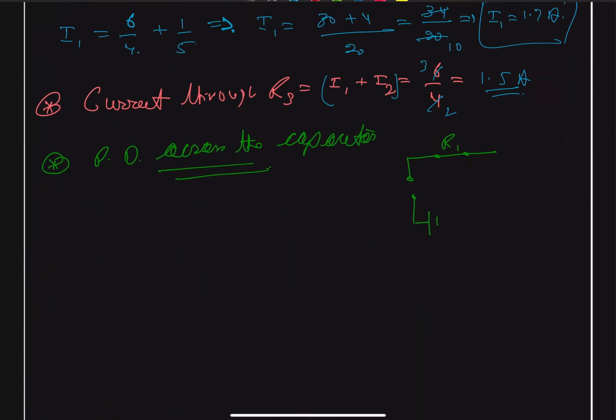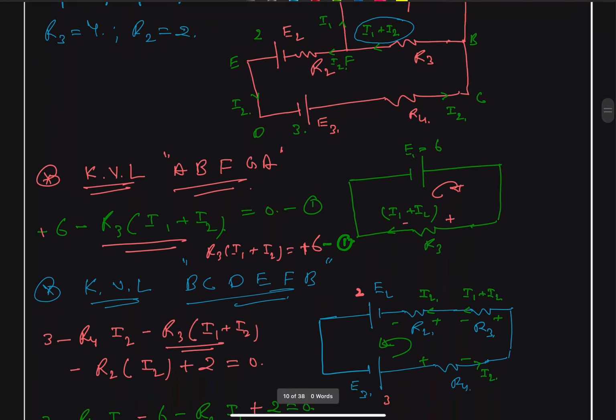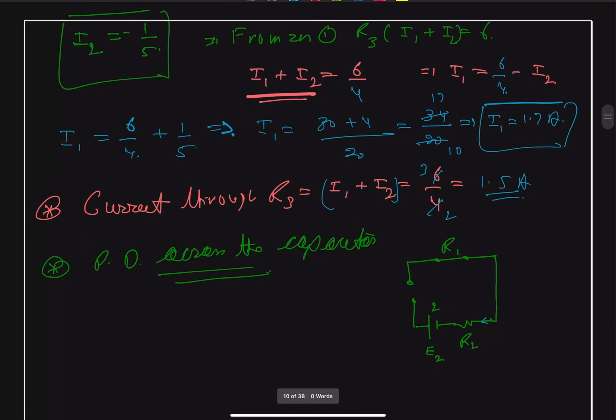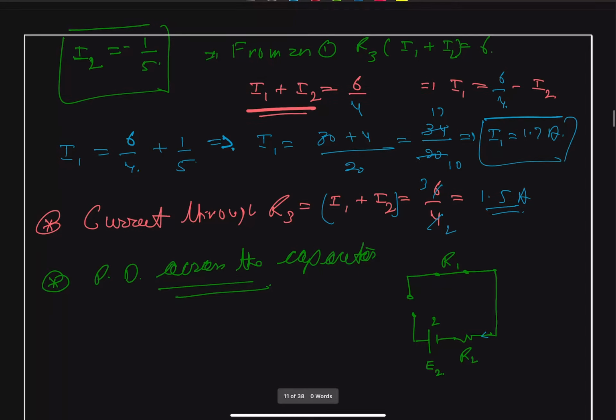And here we are having a voltage source, and here we are having a resistance that is given to us as R2, and this is our E2, which we just found out is our 2, and the current through R2 is our I2. We found out I2 is minus 1 upon 5.